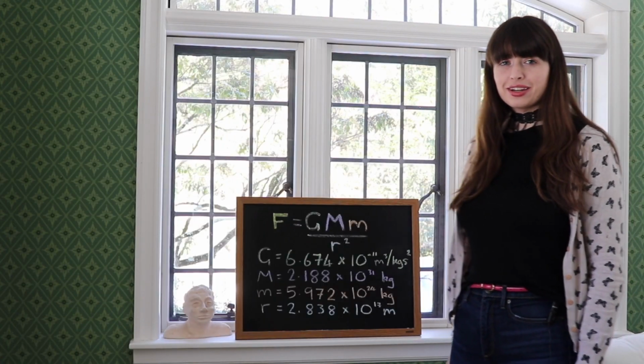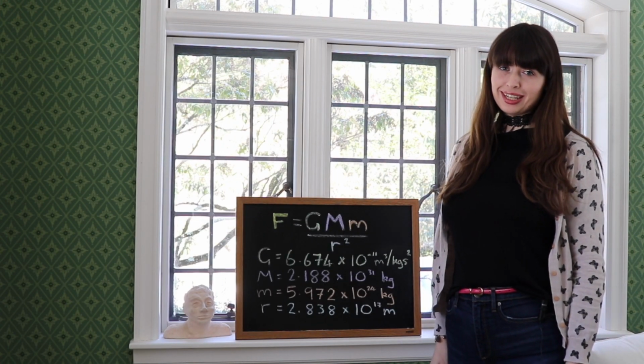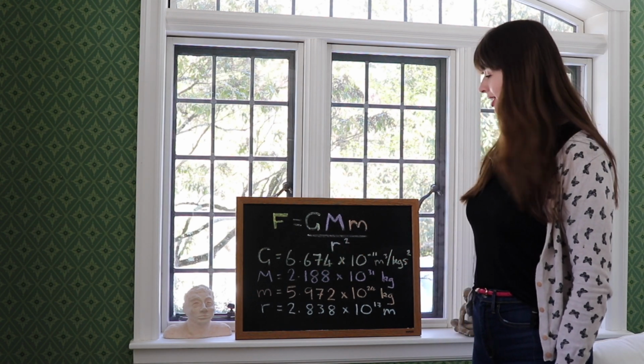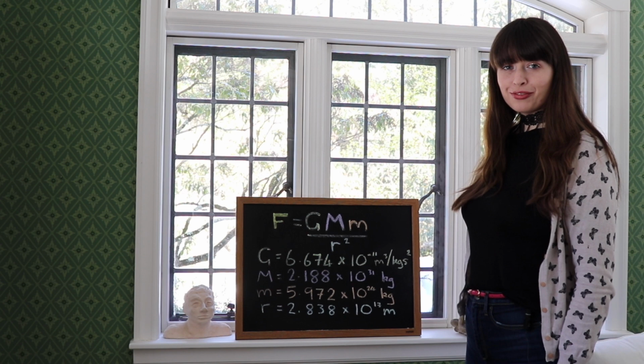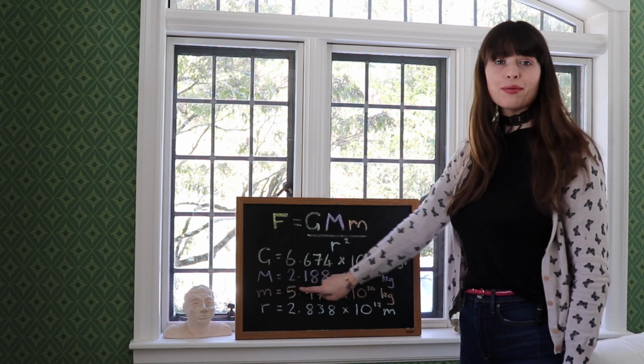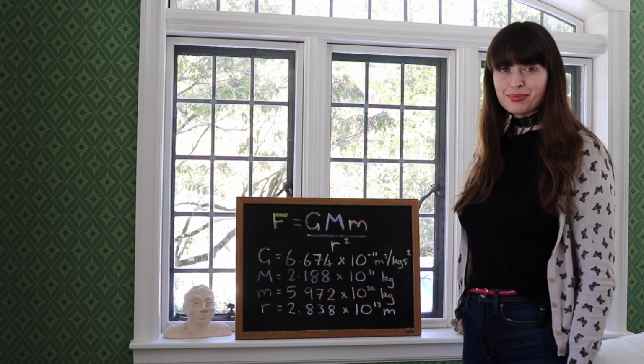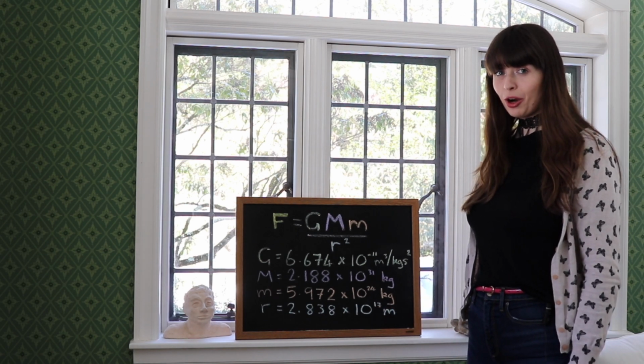For the values that we're going to be using for our calculation of gravitational force, we obviously have G, our gravitational constant, M for the mass of the black hole, little m for the mass of the Earth, and r for the distance in between the Earth and the black hole.